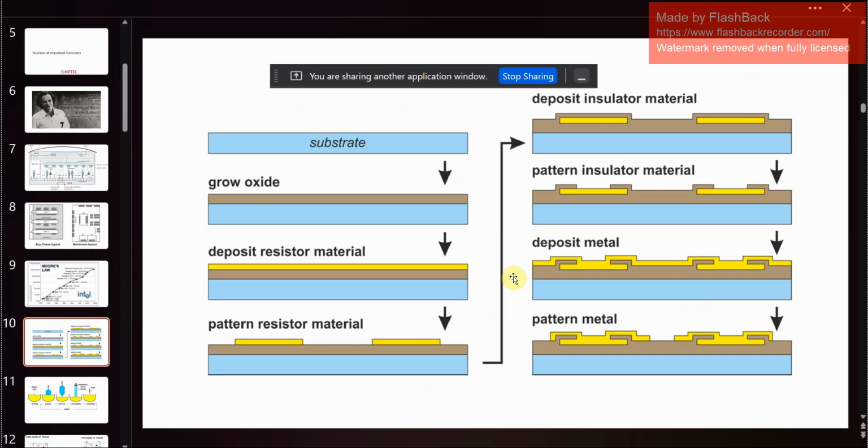After that you will deposit the resist material, then through photolithography you will pattern it, basically etch it out, and then deposit another layer of some insulating material. Then you will repeat these steps again and again till you achieve the final product you want. This is what a basic MEMS process looks like.